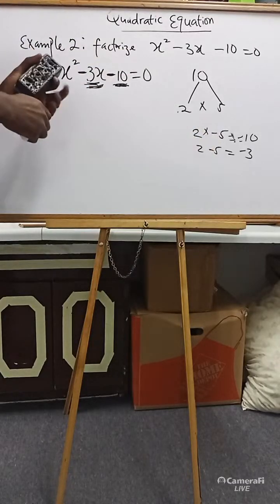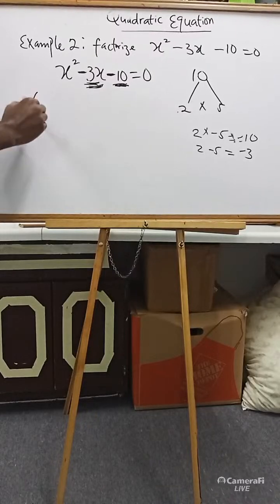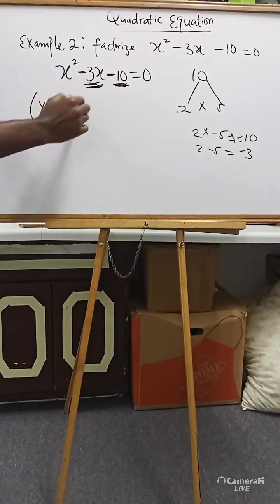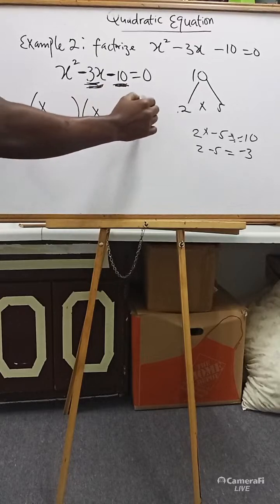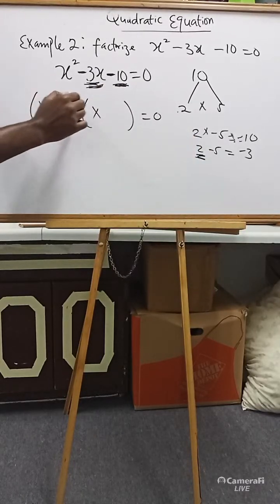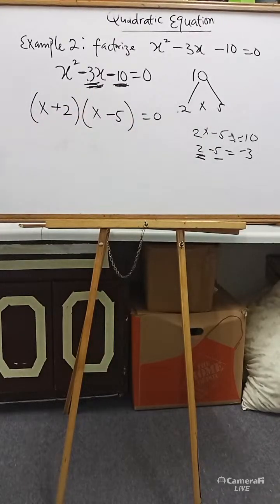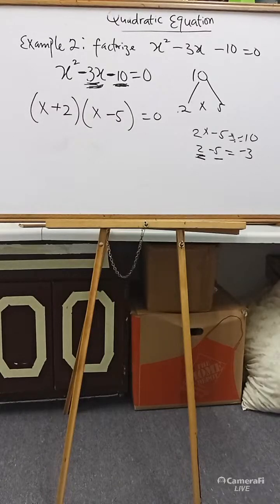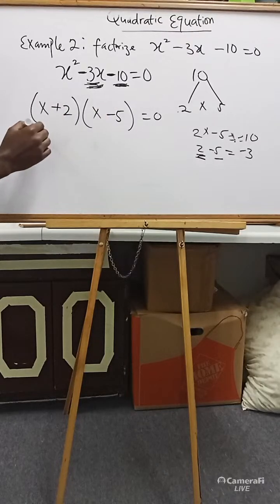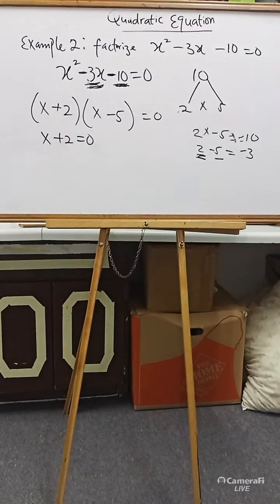So now we are using 2 and negative 5. Now, to proceed with this, don't forget we have x equals 0. So here we are using plus 2 minus 5 equals to 0. That's the shortcut to get it. Now, proceeding with this is the same thing as saying x plus 2 equals 0.